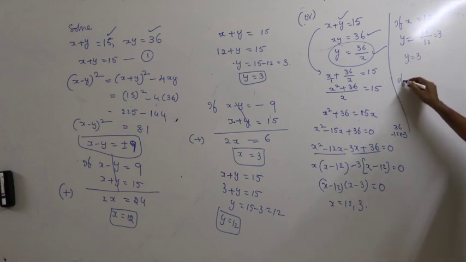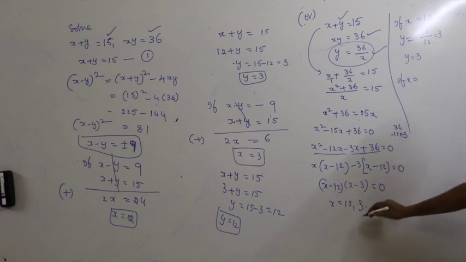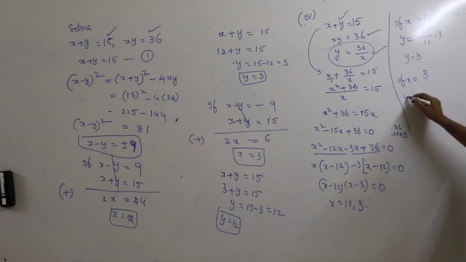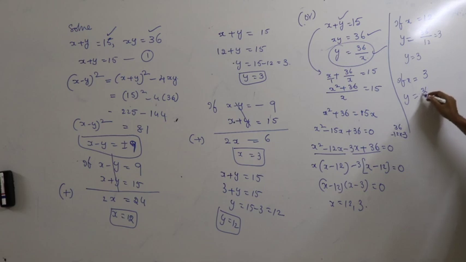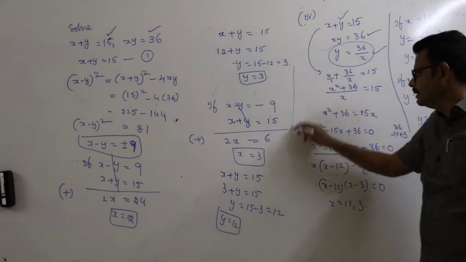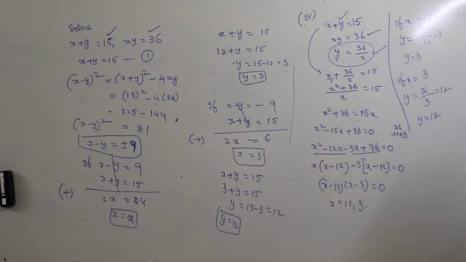If x is equal to 3, then y is equal to 36 by x, where x is 3, that is equal to 12. Therefore, in both the methods, you will get the same answer.